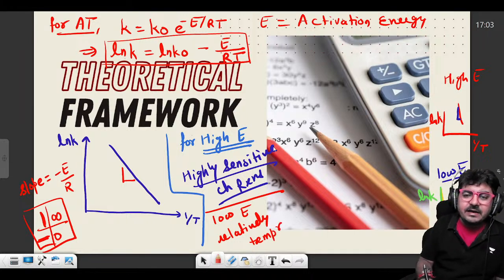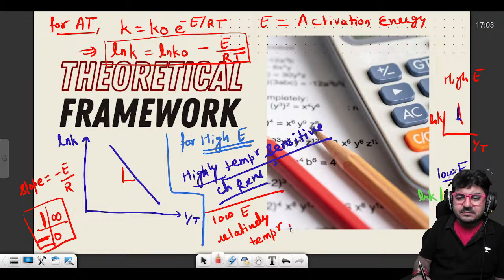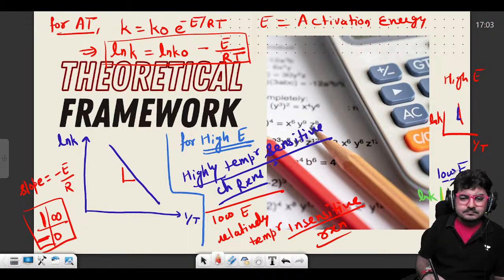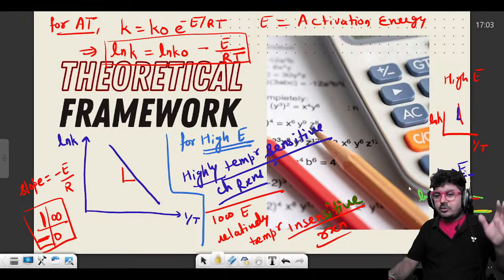This is highly temperature sensitive. Correct this, it should be highly temperature sensitive reactions, and this will be relatively temperature insensitive reaction. Okay, I hope these things are clear.